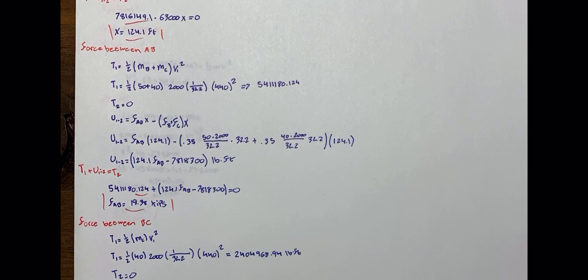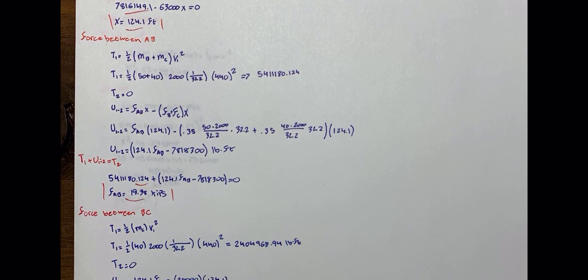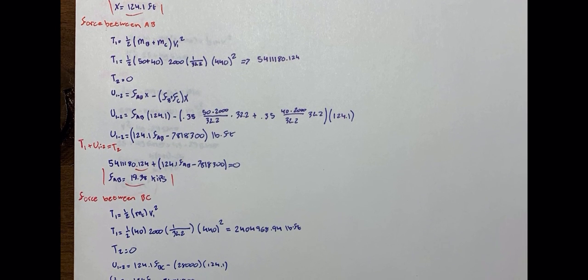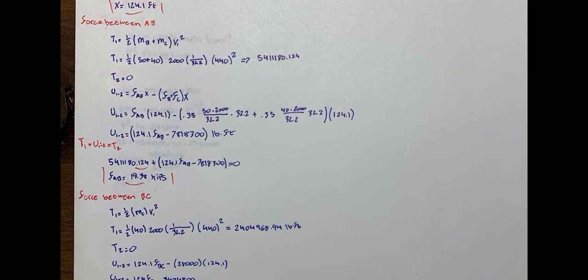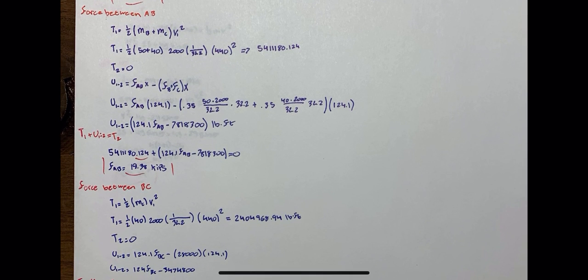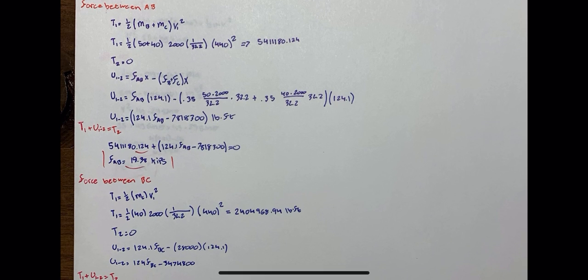Now we solve for the forces between A and B, which is very similar to what we just did. Find T1 for MB and MC, and T2 is 0 once again. Our work equation has changed slightly.